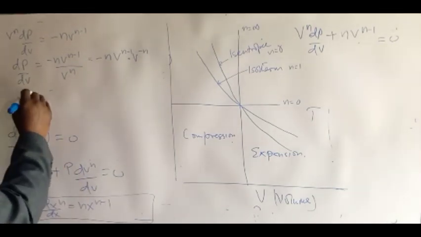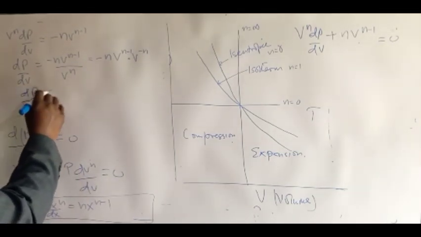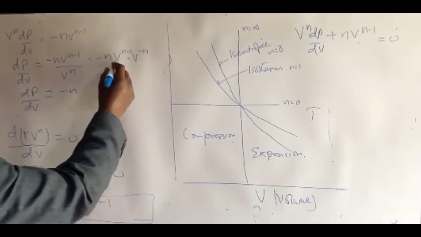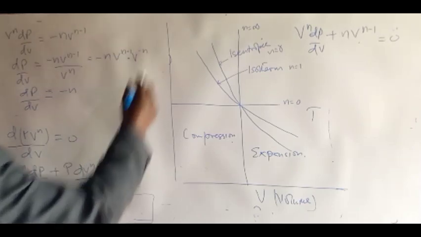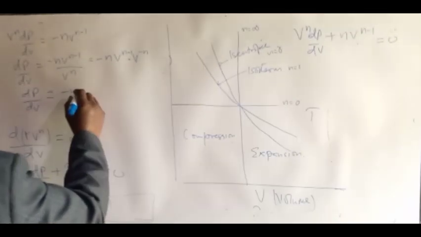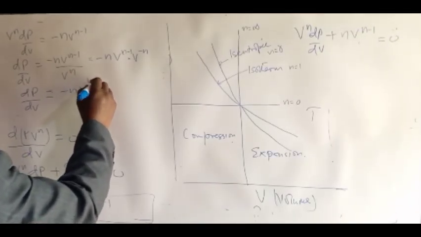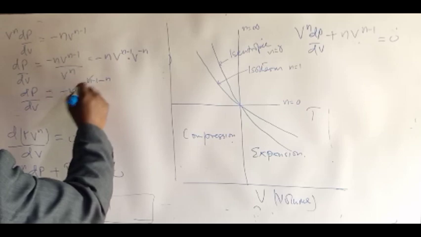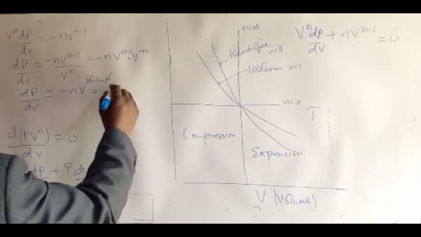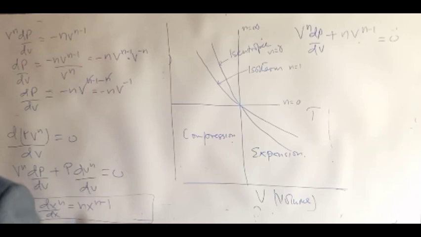So dp by dv is equal to minus n. Remember, we have said we add those indices or exponents. So we have v to the n minus 1 minus n. So again, those cancel out, so we have minus n v^(-1).